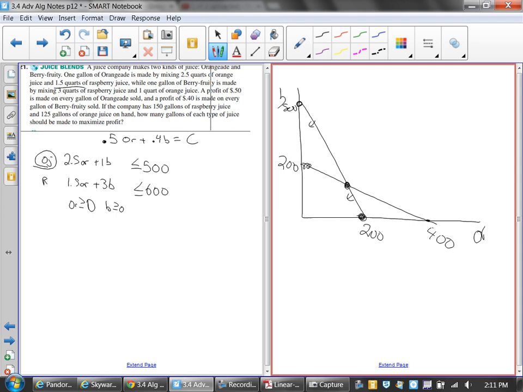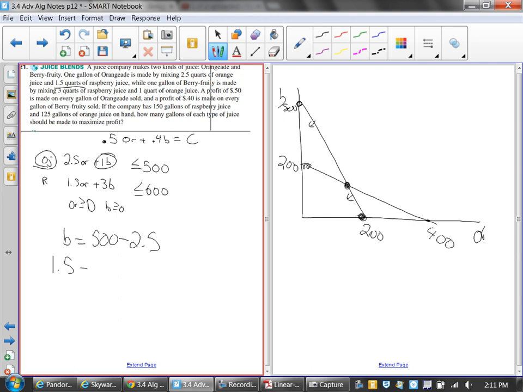So now you have the intersection of those 2 lines. Once again, does everybody see how I've got a variable with a coefficient of 1? So that means B is 500 minus 2.5 OR. So when we substitute in, you get 1.5 OR plus 3 times 500 minus 2.5 OR is 600.